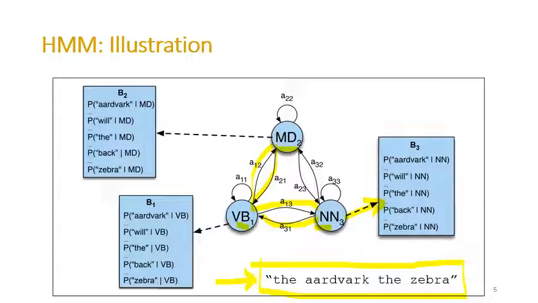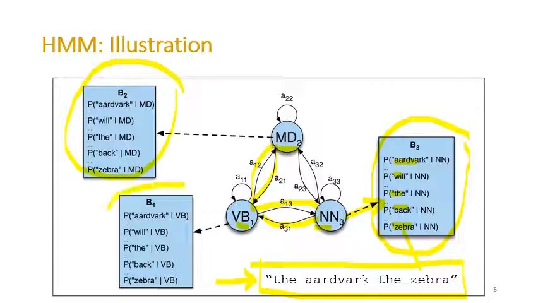So noun can produce all these words with certain probability, and after the tag produces the word, then we can see the word. So we only see this part, what is produced by the tag, but we cannot see the tag itself, and then we cannot see the probability of transition between one tag to another tag.